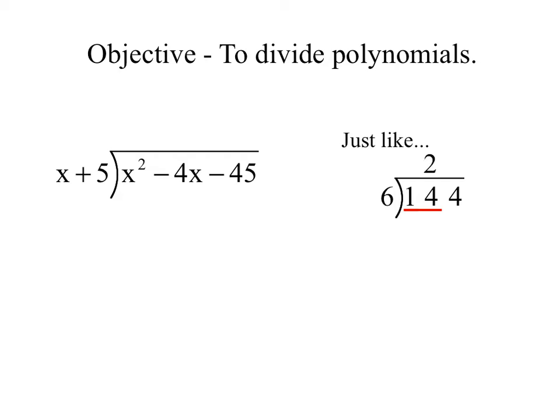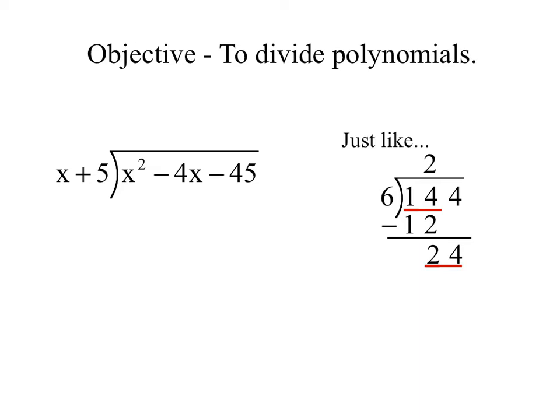Now 6 times 2, I multiply that together and I subtract out that whole entire amount and I bring down my remainder. Now I bring down the next digit, which is a 4. 6 goes into 24 4 times. It doesn't go into 2, but it does go into 24.